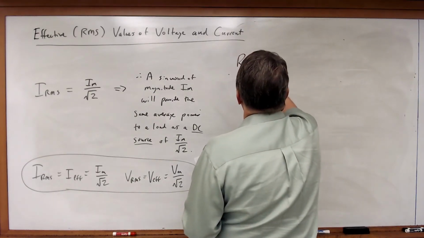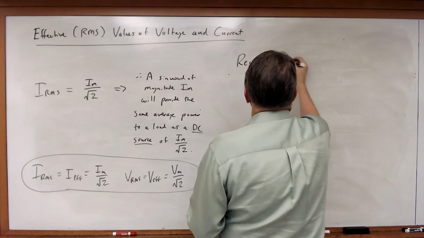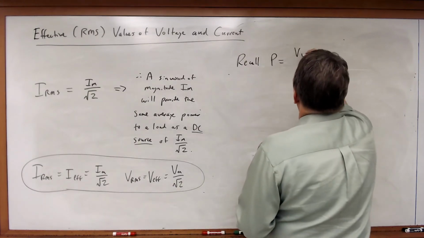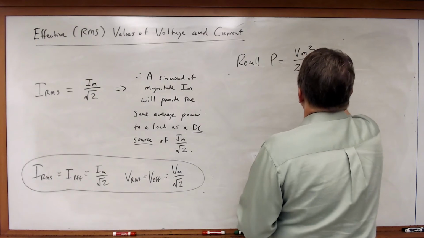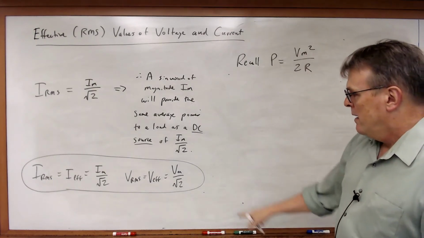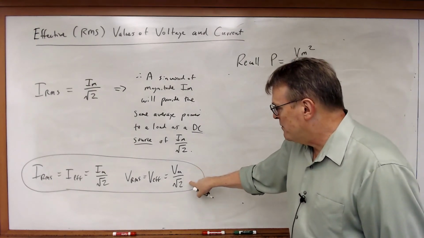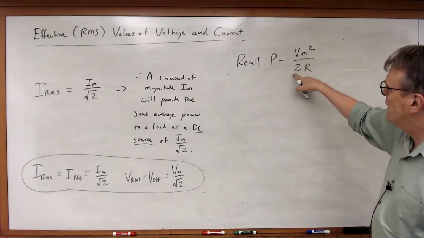We recall that P is equal to Vm squared over 2R. Vm over the square root of 2, Vm squared over 2.